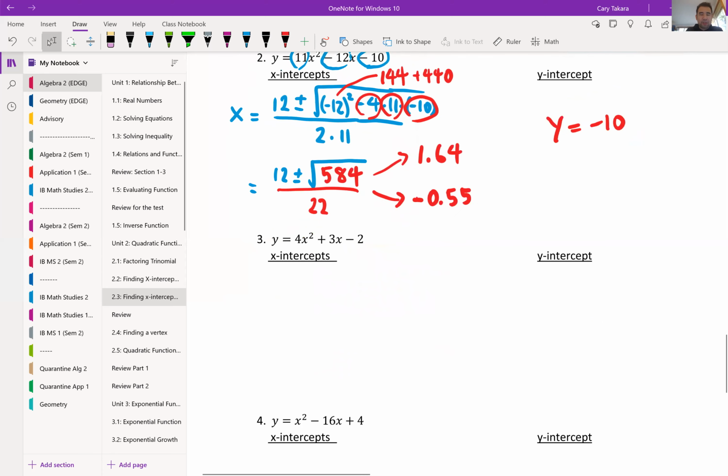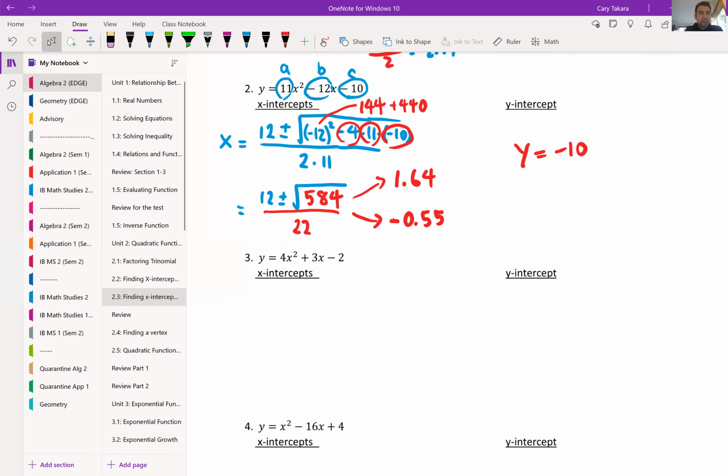Here's number 4 as well. Okay, 2 minutes. There were some big numbers on number 2, so maybe that kind of caught you off guard.